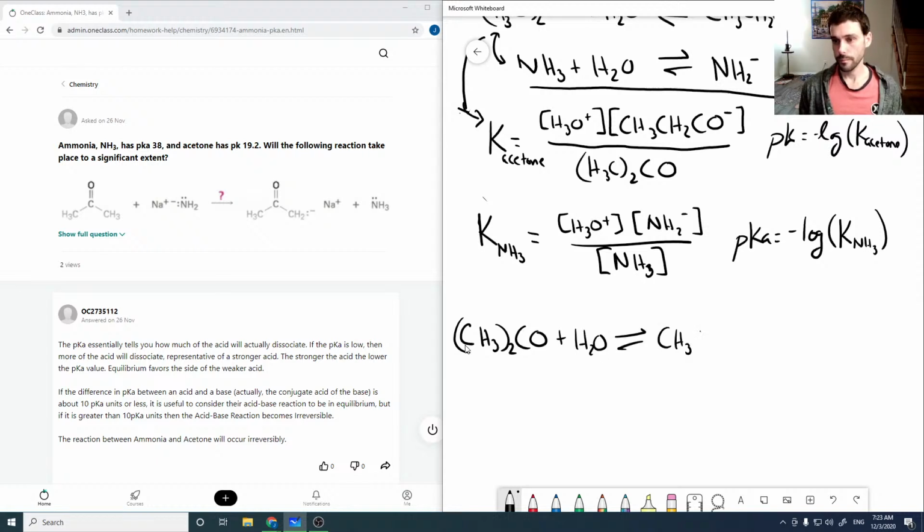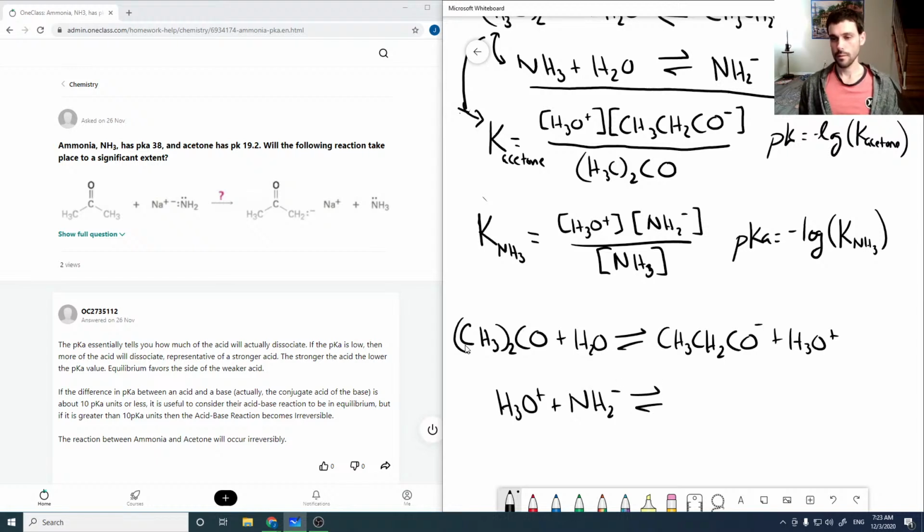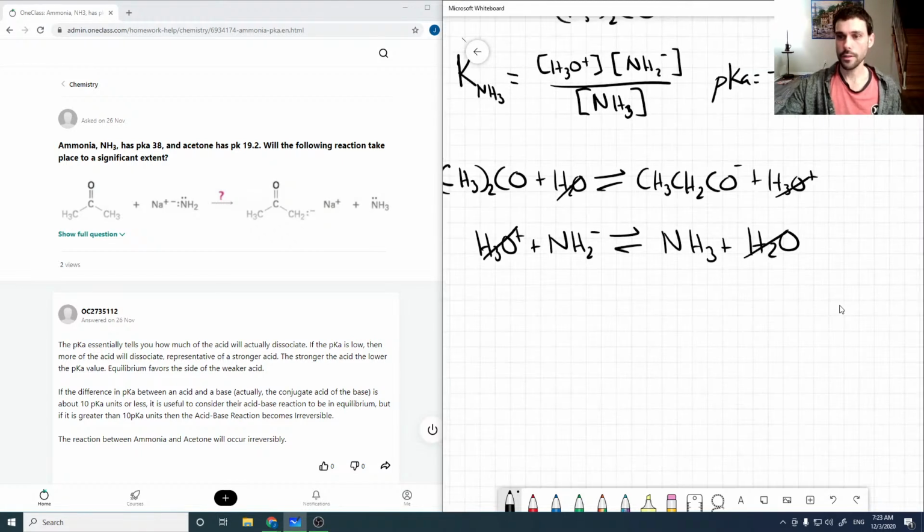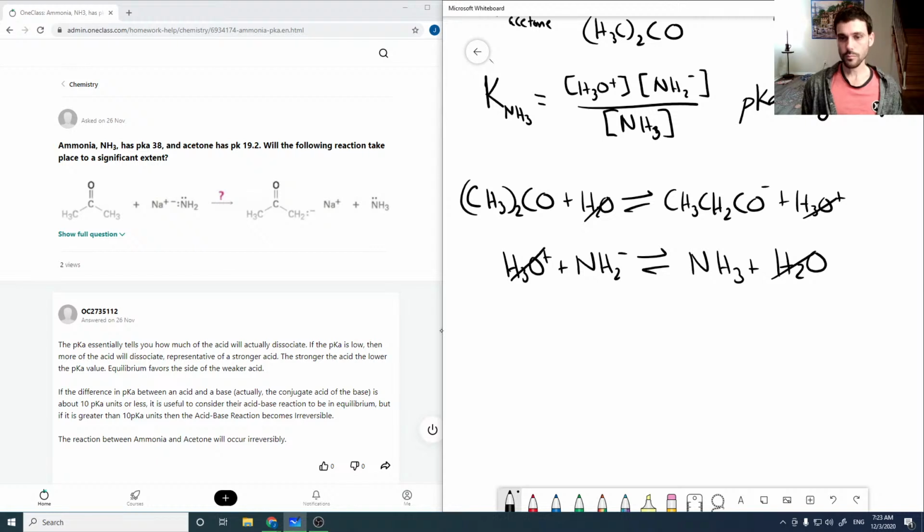Okay. And now I'm just going to write out the reversed ammonia reaction. And so now we can sum these two. And so our H3O pluses will cancel and our H2Os will cancel. And that will give us our reaction that we're interested in.